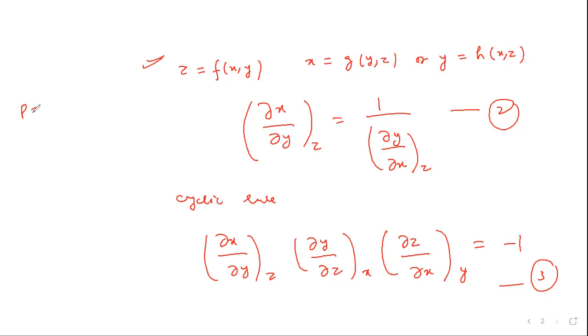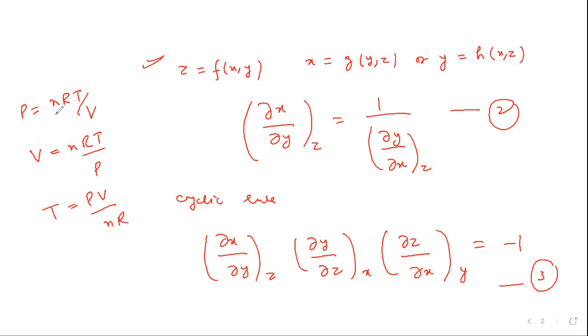And we said in case of pressure, we have this case. We can write P equal to nRT by V. So you can write pressure as a function of temperature and volume. Then you can write volume as nRT by P, and you can write T equal to PV by nR.